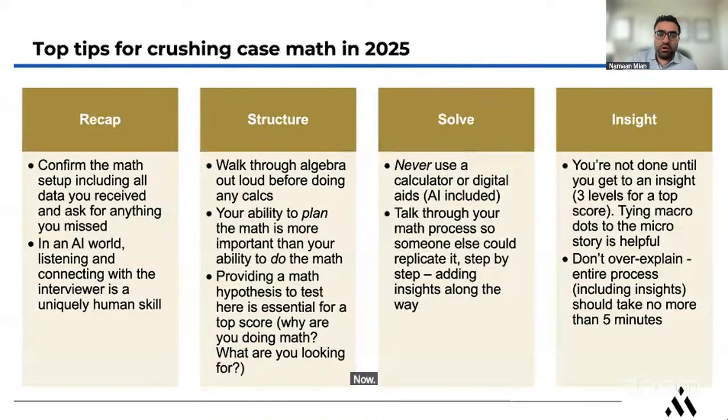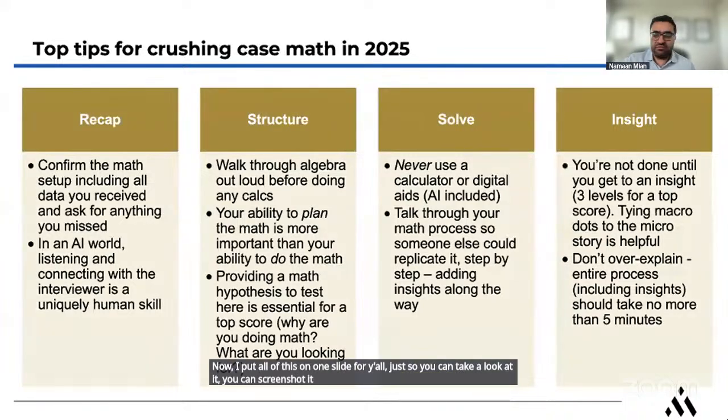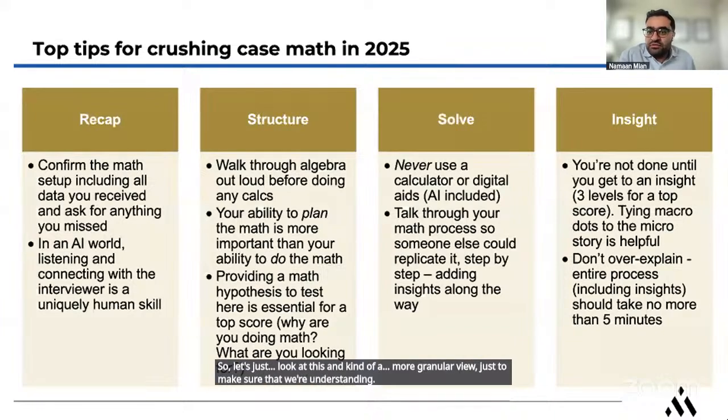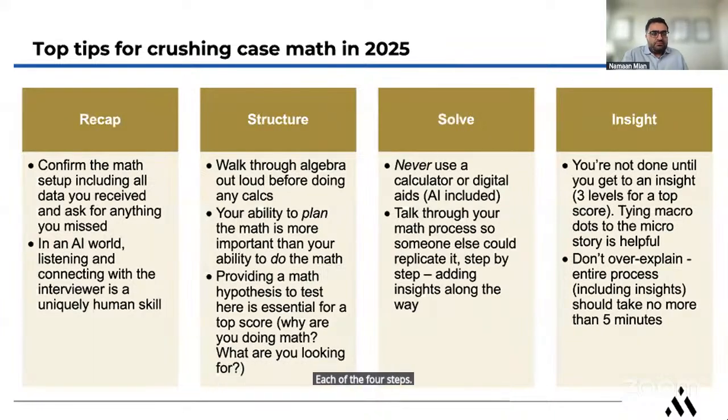Now, I put all of this on one slide for y'all, just so you can take a look at it, you can screenshot it, and so we can dive a level deeper. So let's just look at this in a more granular view, just to make sure that we're understanding each of the four steps. So I already talked you through the recap.